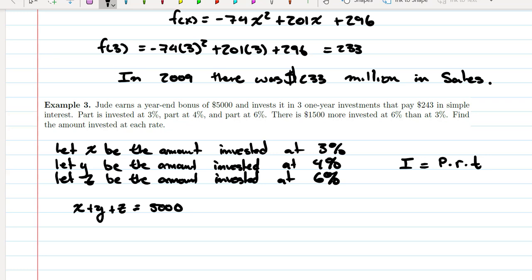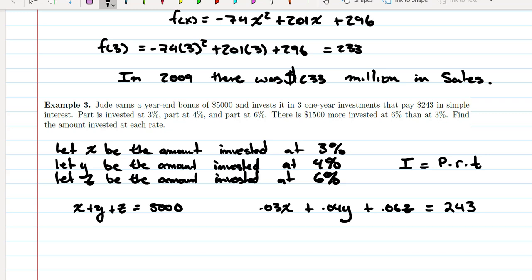So we're going to get 0.03x, that's our interest from the 3% account, plus 0.04y, that's our interest from the 4% account, plus 0.06z, that's our interest from the 6% account, and all together that should give him $243. Because that's our P times our R times our T. So that's 2 equations.